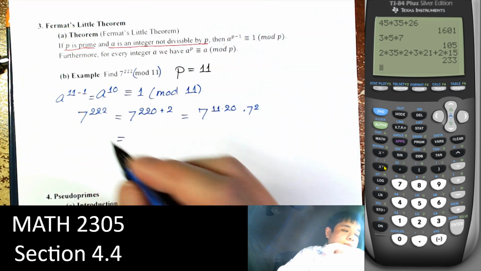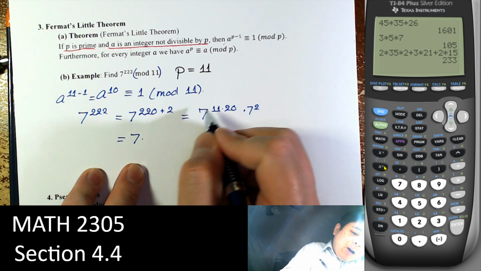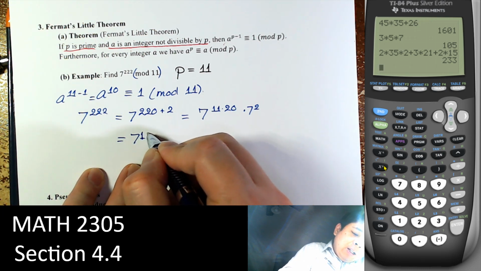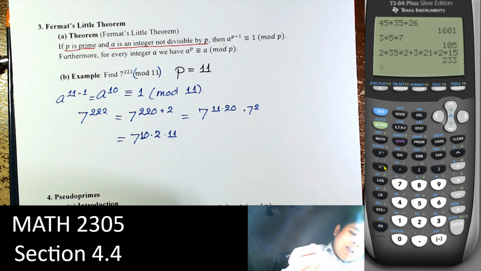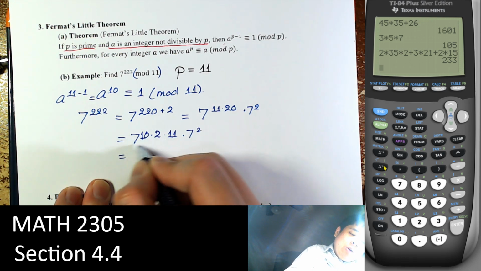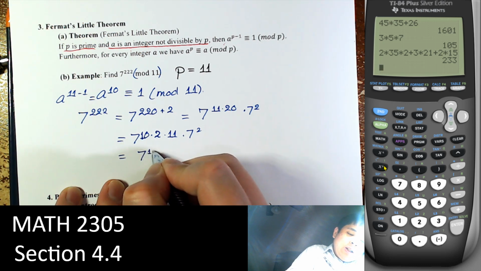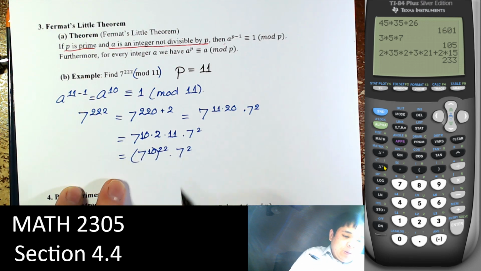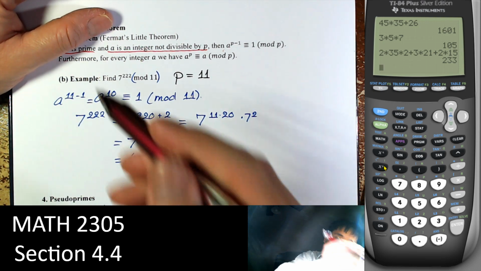And 20 is 10 times 2, that's 20 times 11. Now we will write this as 7 to the 222.